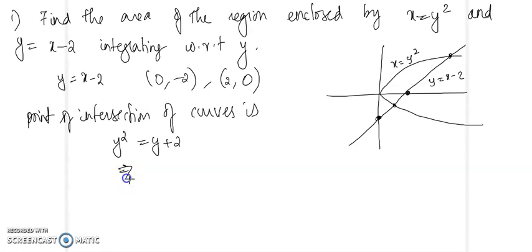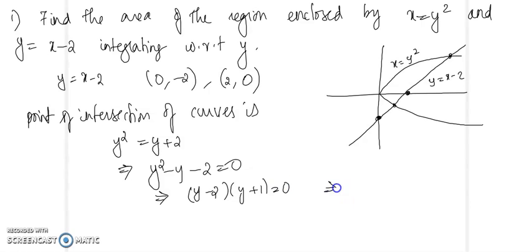That implies y square minus y minus 2 equal to 0. So you will have y minus 2 into y plus 1 equal to 0. So y will be 2 and minus 1. When y is equal to 2, x will be equal to 2 plus y.